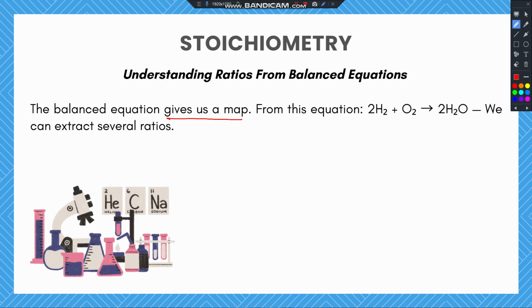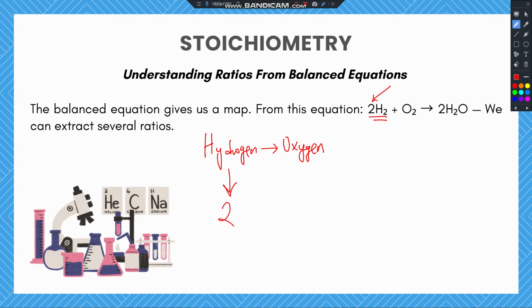Let's take another example. From this equation on the screen, we have the equation of hydrogen reacting with oxygen to produce water. We can actually extract several mole ratios. Let's see how many we can. So the mole ratio for hydrogen and oxygen would become, how many parts of hydrogen do we have in this equation? You can see there's a coefficient of 2.